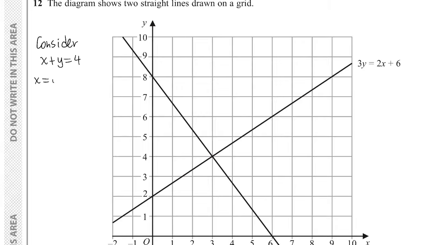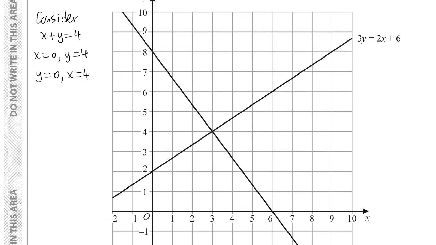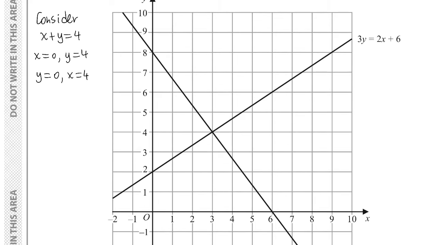When x is 0, we see that y is 4. And when y is 0, we see that x is 4. This will give me 2 points through which the line passes, and therefore will allow me to draw the straight line here, which will be drawn here like this. So this is x plus y equals 4.